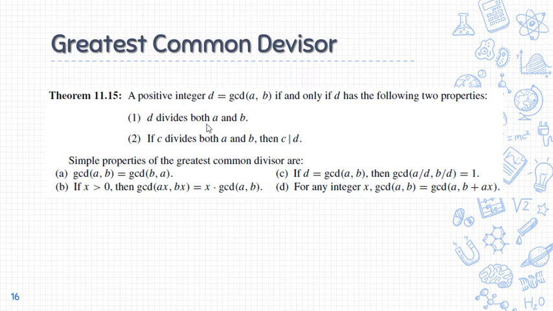Another property is that if C divides both A and B, then C divides D. So if we find a number C that divides both A and B, so makita tag number other than D nga makadivide kang A and B. Sa ato pa kaning C dapat makadivide pud siya kang D.